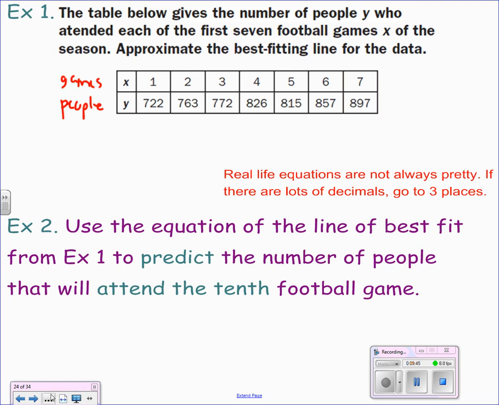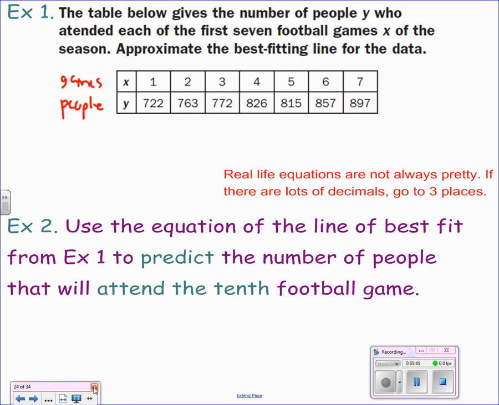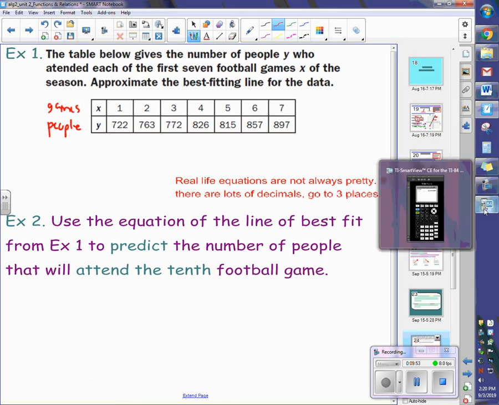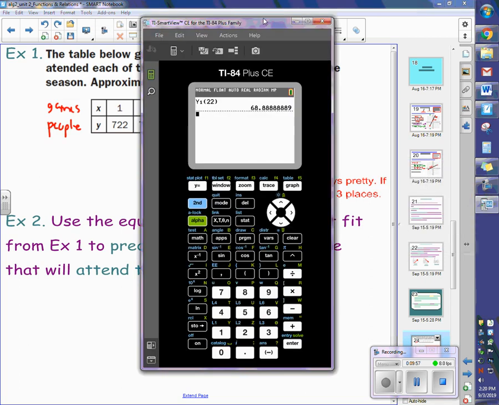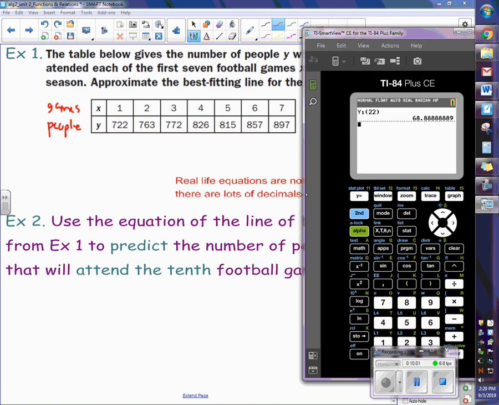So this requires a graphing calculator. Or you can use Desmos's graphing calculator online if you don't have a graphing calculator at home, but you have the internet. So turn your calculator on, and then you go to Stat, 1 for edit.